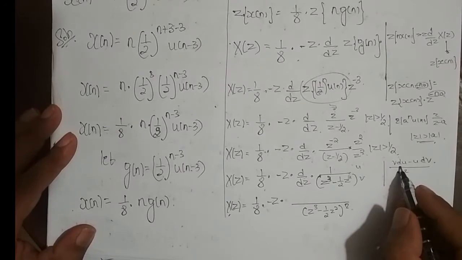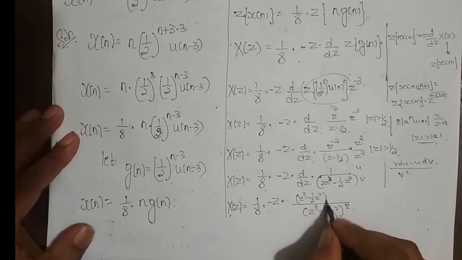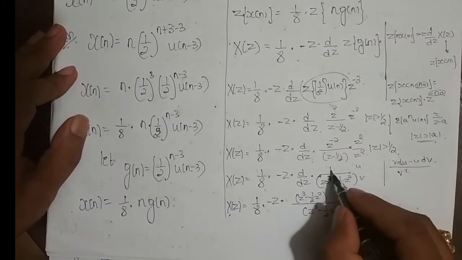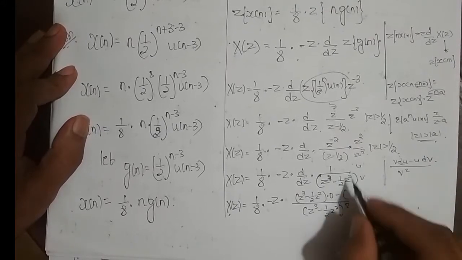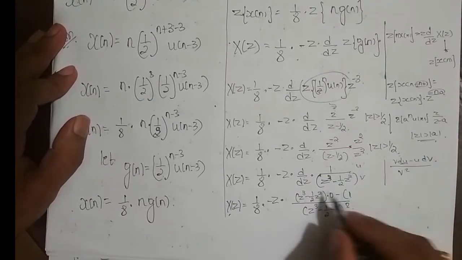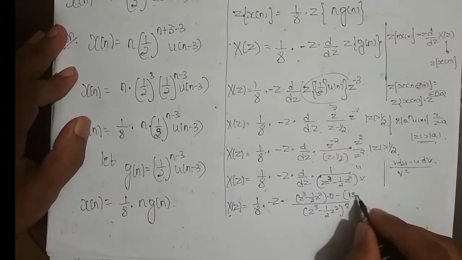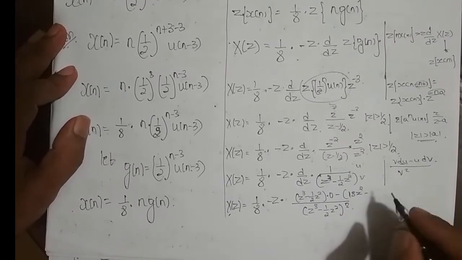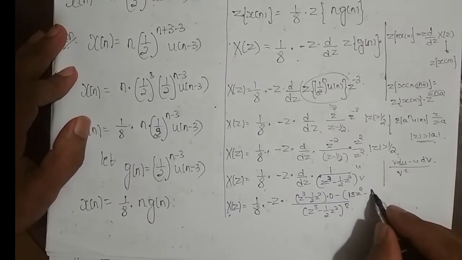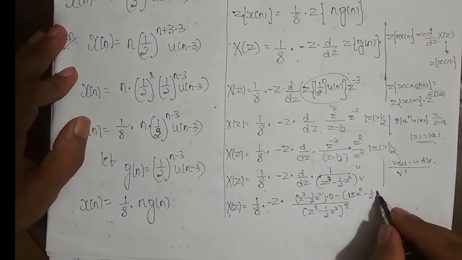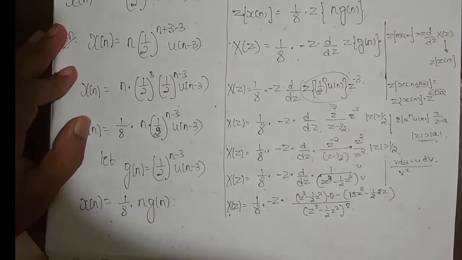V is z cube minus 1 by 2 z square into differentiation of u, and u is 1, so differentiation of constant is 0, minus u is 1, and differentiation of v is what? What is the differentiation of z cube? It is 3 z square, minus what is the differentiation of 1 by 2 z square? It is 1 by 2, constant remains same, so 2 times z, right? So this 2 cancels out, right?